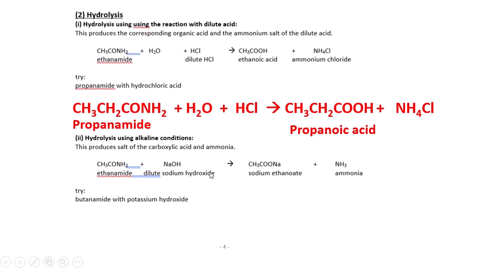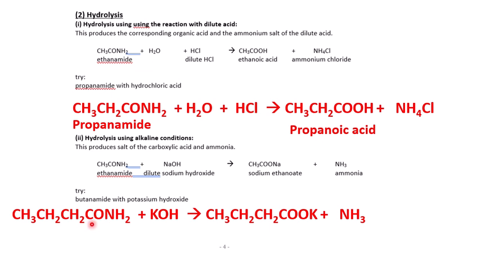With the alkaline conditions, you'll get the salt of the acid. So there, for example, is an illustration of sodium hydroxide. So we've asked you for potassium hydroxide. So butanamide, 1, 2, 3, 4, potassium hydroxide. That'll give you the potassium salt of it, and then ammonia given off. So butanamide would turn into potassium butanoate.